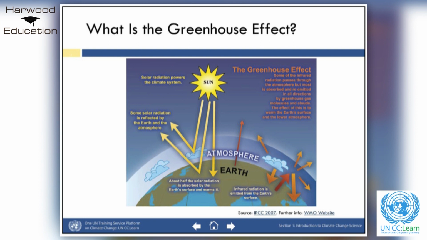Part of the energy absorbed at the Earth's surface is radiated back or readmitted to the atmosphere and space in the form of heat or thermal energy. The temperature we feel is a measure of this heat energy. In the atmosphere, not all thermal radiation emitted by the Earth reaches outer space.